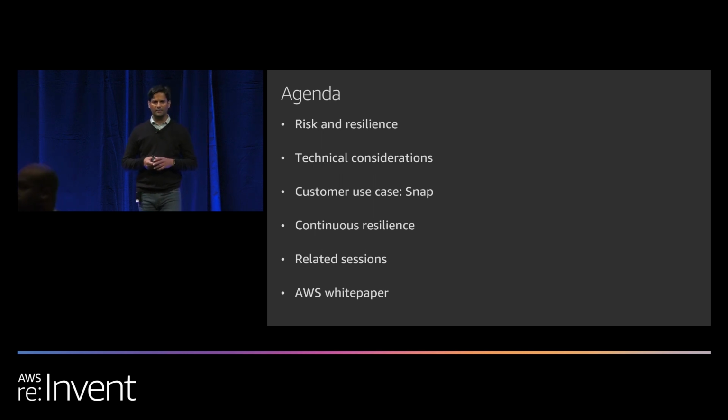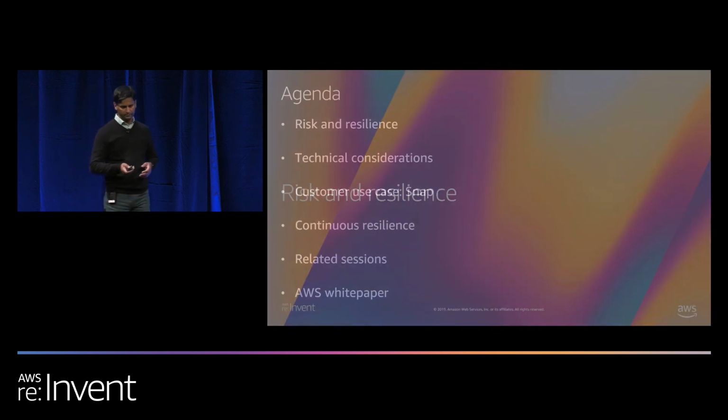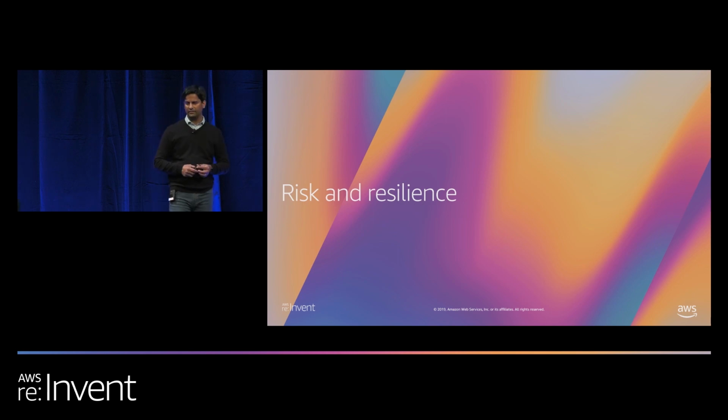And then finally, we have some takeaways in terms of other related sessions that are relevant to the topic, and also an AWS white paper that Pawan and a bunch of people have co-authored to give you more dive-deep analysis into some of the important design aspects. All right, with that, let's dive in.